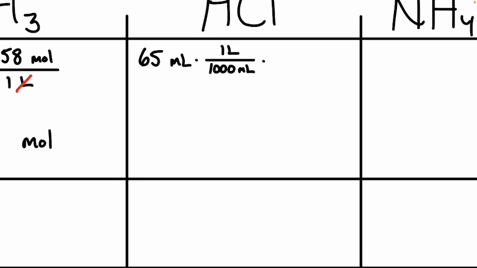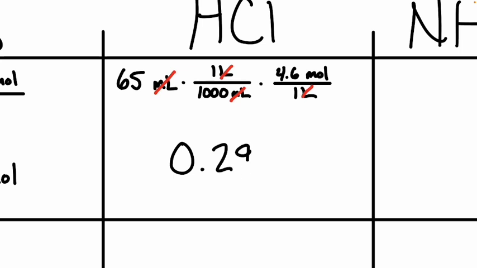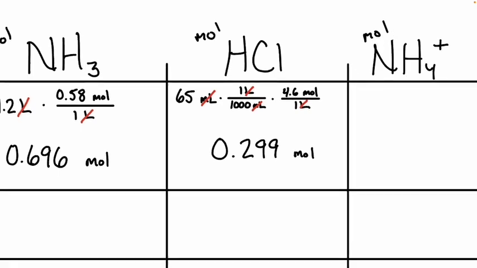And then I can use my concentration, 4.6 moles are in 1 liter. And I know that it's set up correctly because my units cancel out and I'm left with units of moles. So 0.299 moles of my HCl.